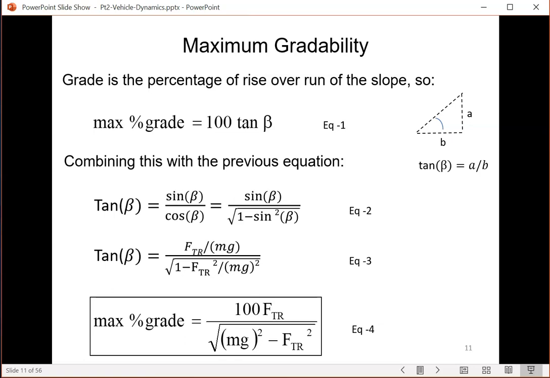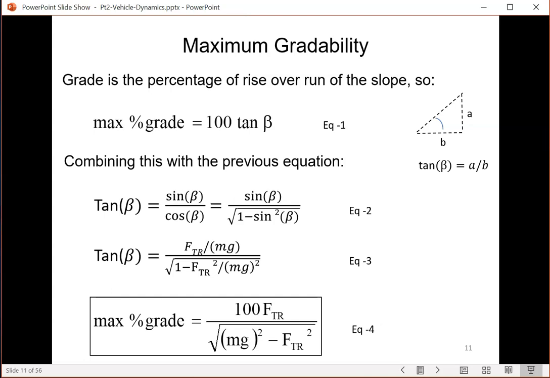The maximum gradability is defined by assuming there's enough friction between the tire and the road surface so it doesn't slip backwards. Okay? And also, I've gone through all the steps to change from sine beta to tangent beta.